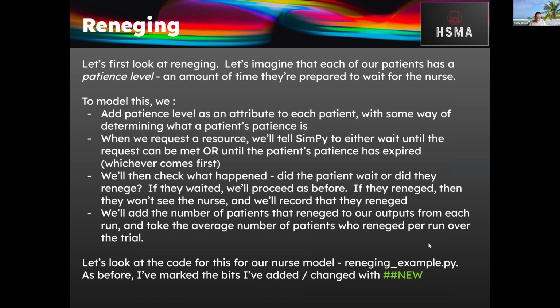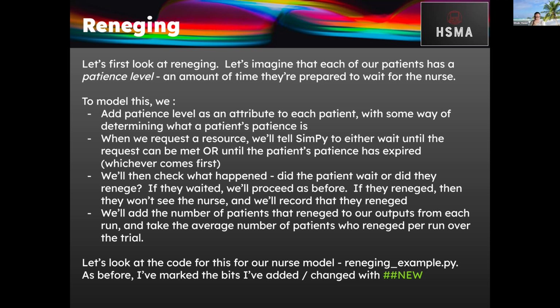For reneging, the way we do this in SimPy, we could imagine that each of our patients in our model has a patience level. As well as a priority attribute, they've got a patience attribute, and that can represent the amount of time that they're prepared to wait for the nurse. We've only got one activity here. Depending on your model, you might have different patience levels for different queues. They may be more patient for certain bits of the system than others.